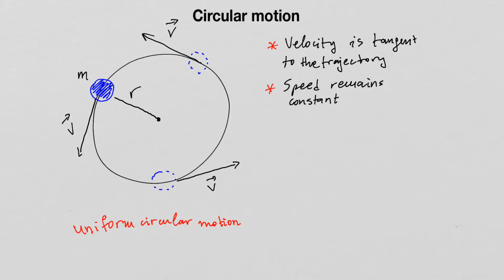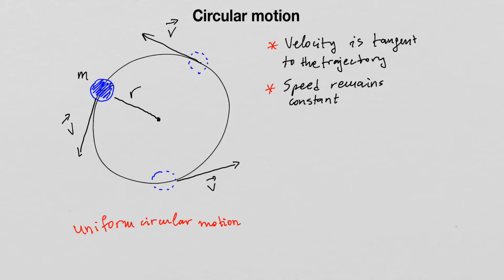And the fact that this mass is moving around a circular trajectory and not along a straight line means that there must be a non-zero net force acting on this mass. And this is the consequence of Newton's first law. Just as a reminder, Newton's first law, the first part of the statement was about an object that's moving along a straight line with constant velocity.